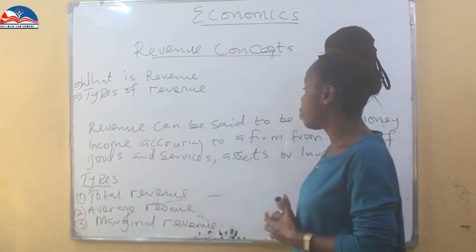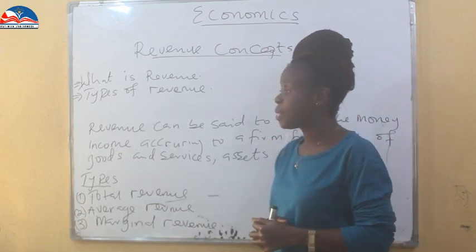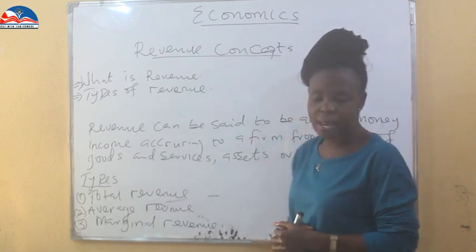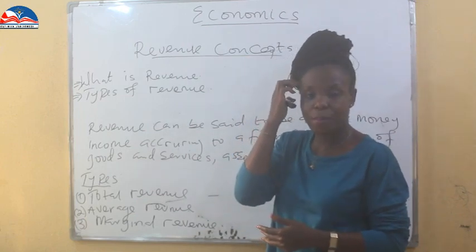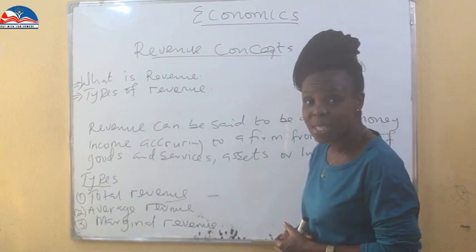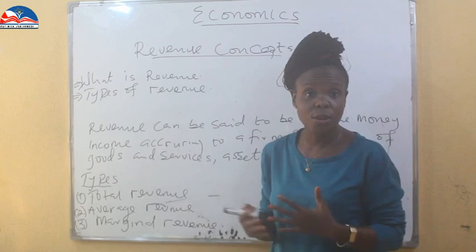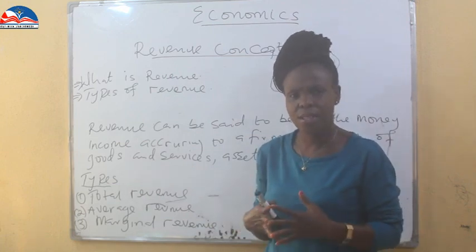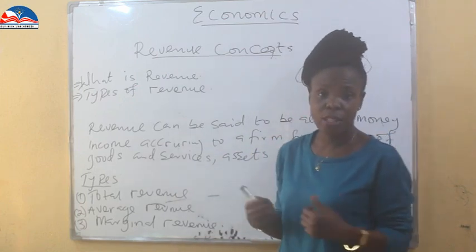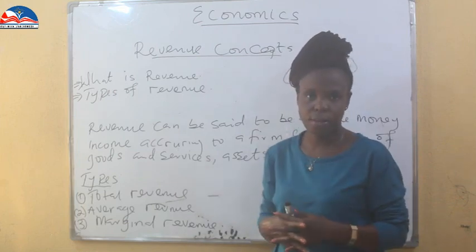So we can look at revenue as an accrued income of a firm that they got from sales of goods and services, and it can be seen from the assets they purchase because they have this money, or the investment they have put up because of the money they got from the revenue of the business. So the concept of revenue can be in physical cash, it can be in investment, and it can be in assets.